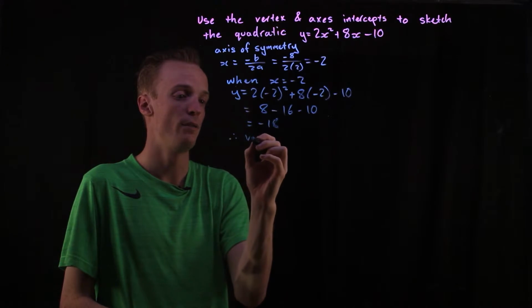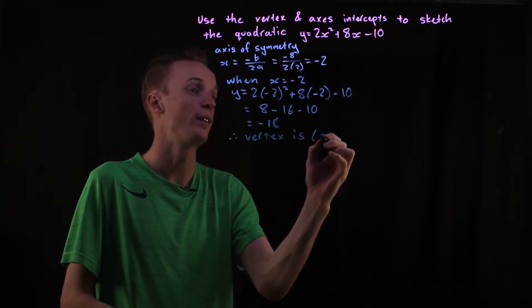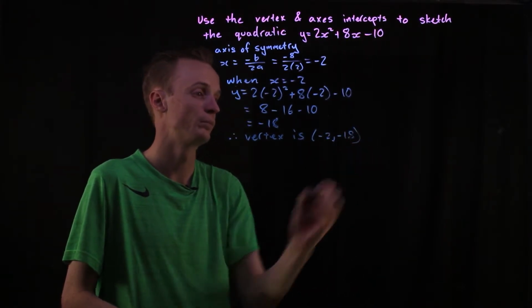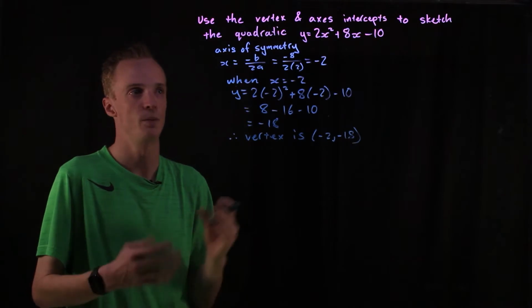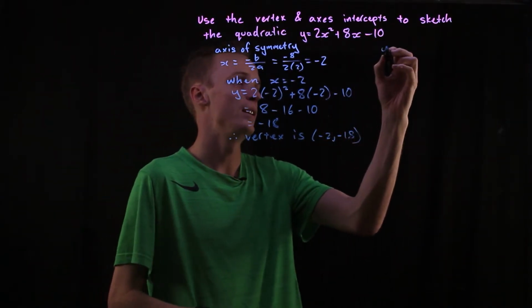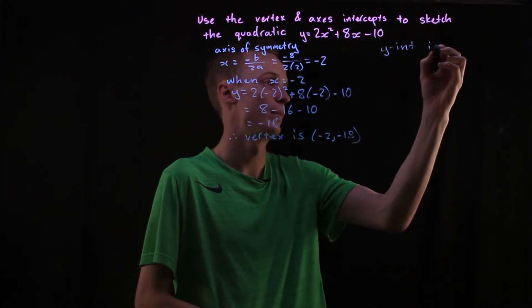So our vertex occurs at negative 2 and negative 18. So now I've found my vertex, what I want to do is find my y-intercept. And my y-intercept's nice and easy. It's where my constant is, so it's at negative 10 here.